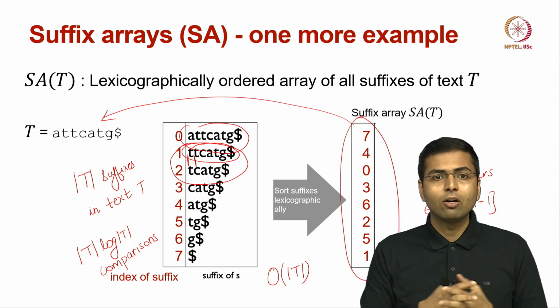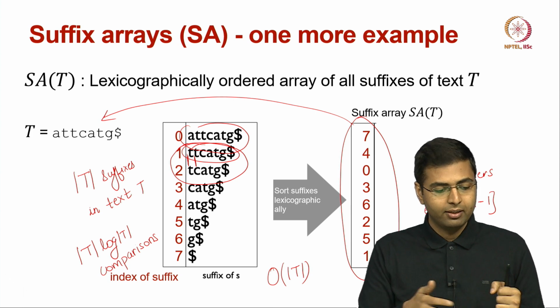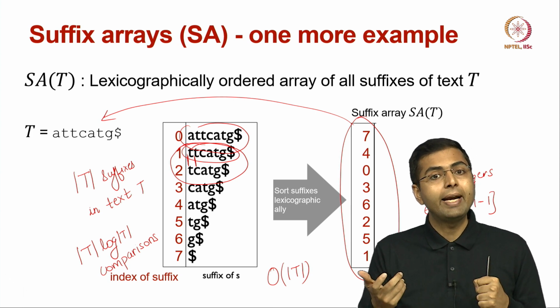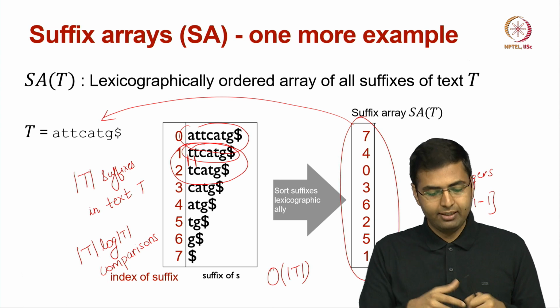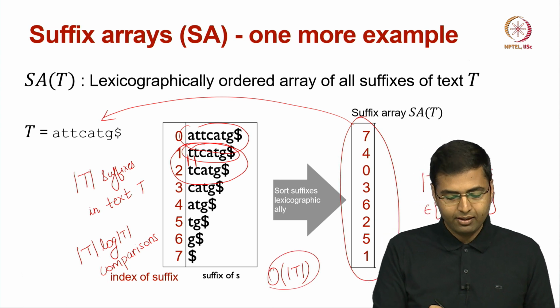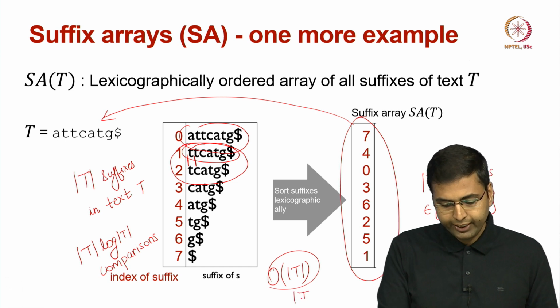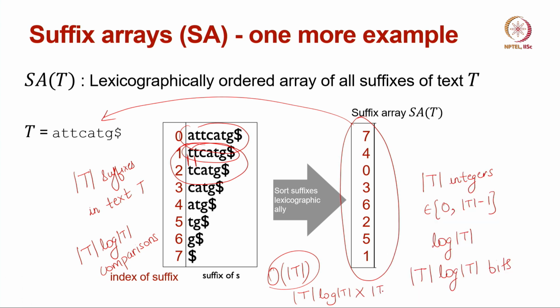If we follow this naive algorithm of applying merge sort to these strings, keeping in mind that the comparison of strings can take order T time, this merge sort would take order T log T times T time, because we are doing T log T comparisons and each comparison can take order T time.